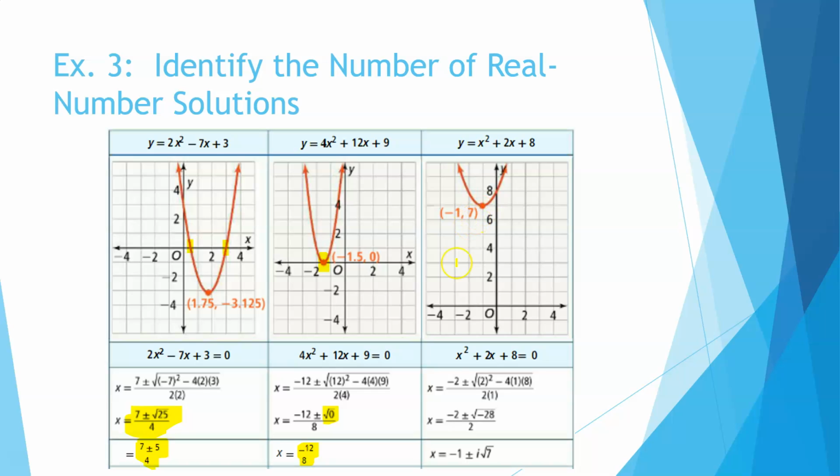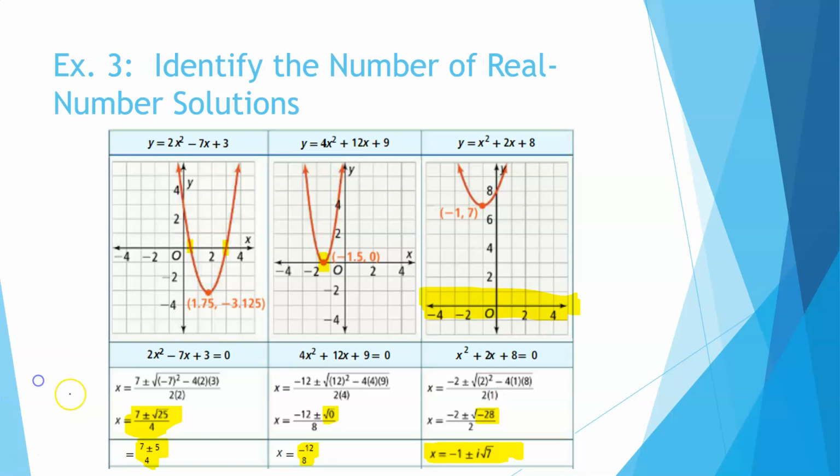And finally, in this third one, it never crosses the x-axis, which means there's no real solutions. When that happened, we can see that our final answer had an i in it. So even though it doesn't have a real solution, it does have these things called imaginary solutions or non-real solutions. That happened when we had a negative under the radical.